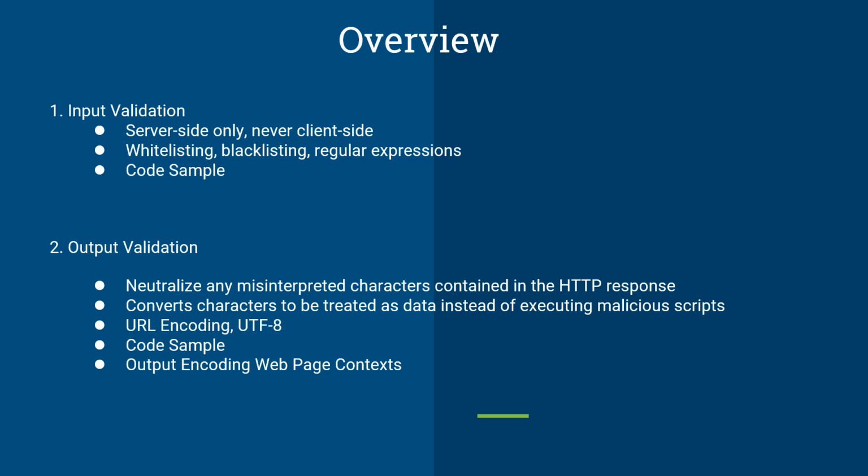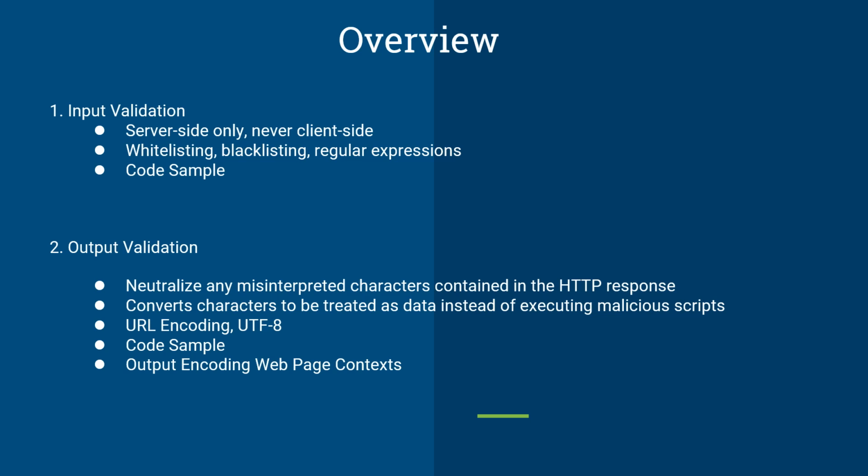The other main area is output encoding. Now output encoding is going to neutralize any kind of special character that might be misinterpreted by either the web server or web browser that might be contained in the HTTP response. What output encoding essentially does is force a conversion of all characters to some sort of character scheme or character set.